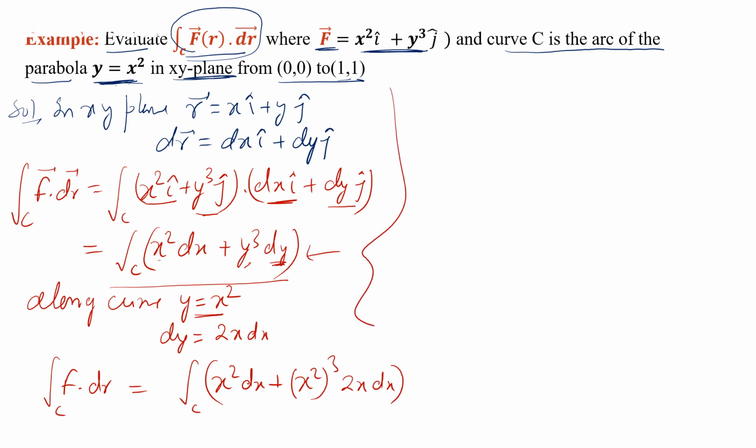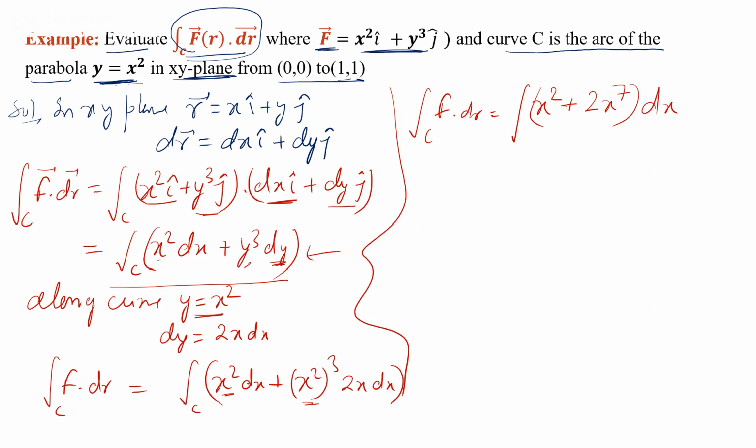Now here you see that the integral f dot dr, that is we write x square plus, that becomes x raised to power 6 into 2x, that is 2x raised to power 7, dx.